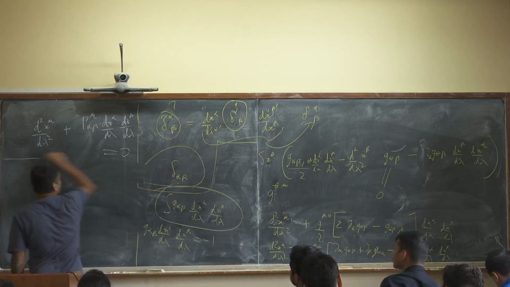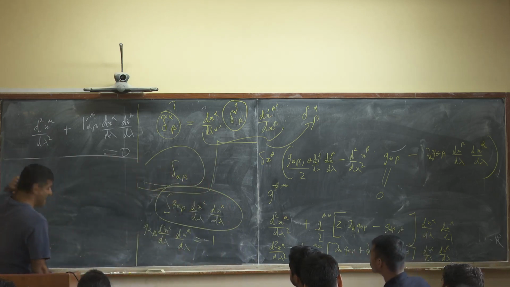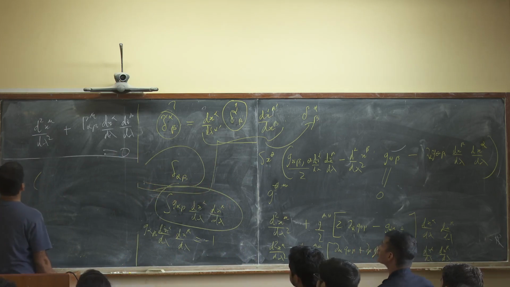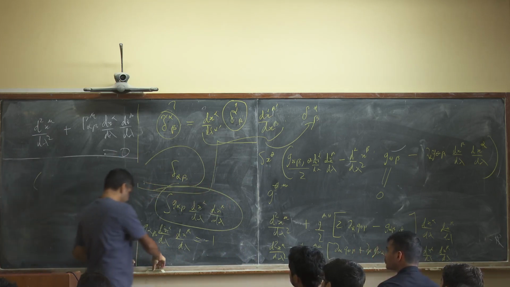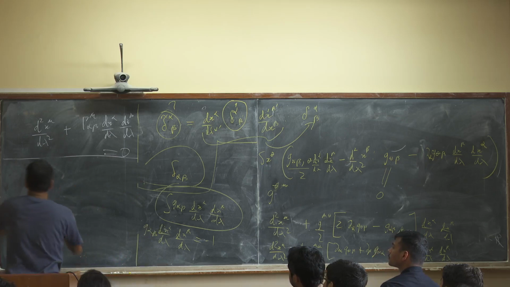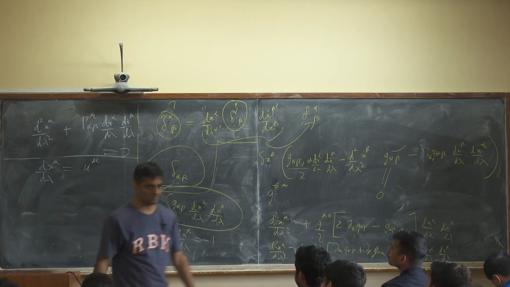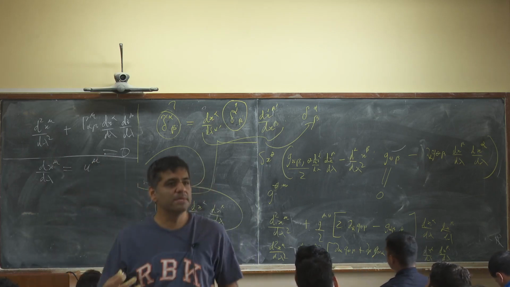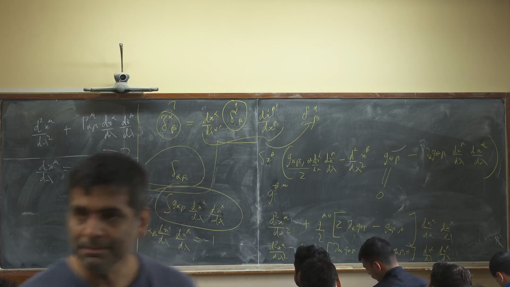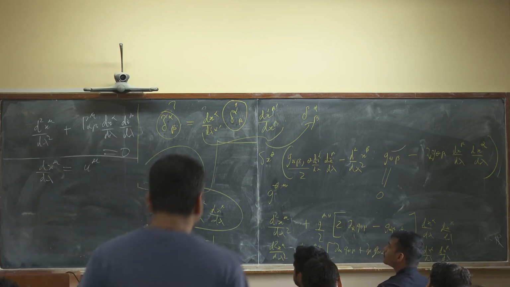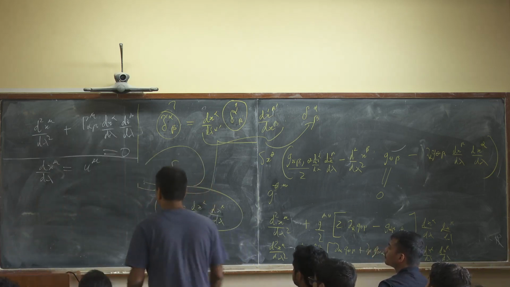What does this equation mean? The way you can think of this equation is this. Let's define dx mu by d lambda equal to u mu. U mu is the forward velocity of our particle. It is clearly the natural definition of u mu.